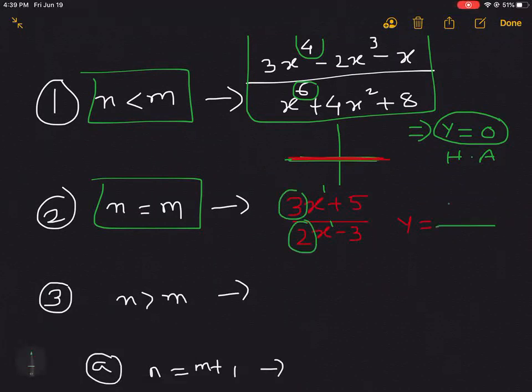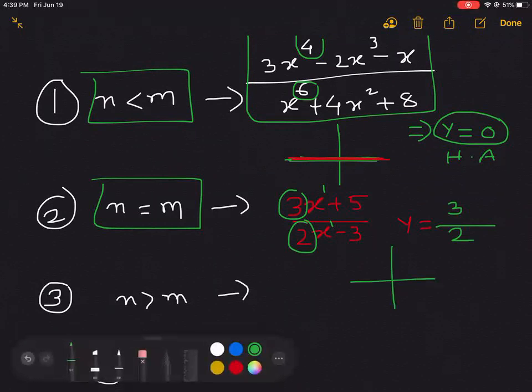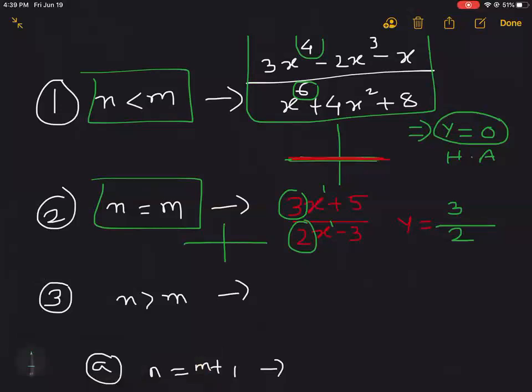That means 3/2. And again, if you graph it, you will see 3/2 means 1.5. I think I should use a different place. Let me show it here. 1.5 is here. You'll see it will have a line like this, which the graph will never cross from either side if you graph it.